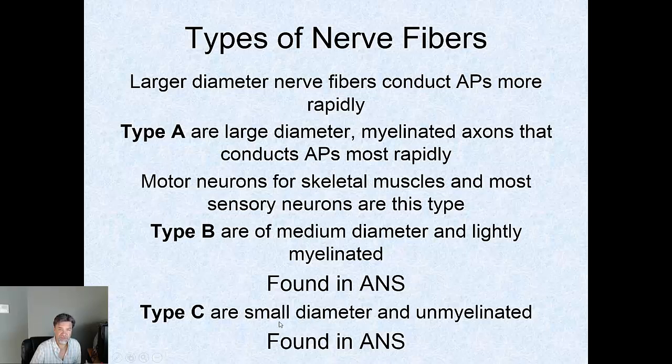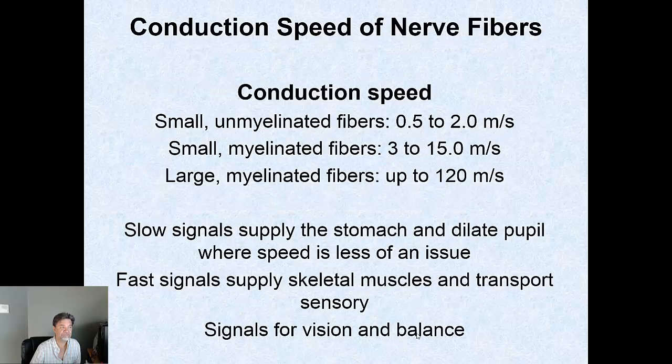And the reason it feels dull, aching, and throbbing and persists is because type C fibers are slow, but once you finally get the signal there, they persist for quite a while. So here are the different conduction speeds. Type C's get maybe up to 2 meters per second, compared to the type B's that get about 7 to 8 times faster, and then the type A's are just the super autobahns for the nervous system.